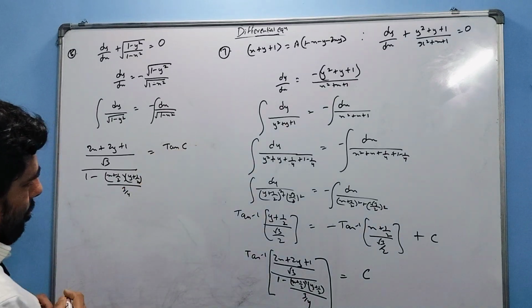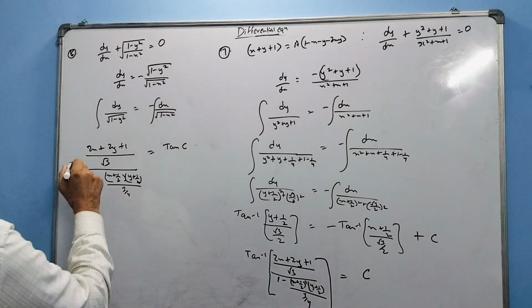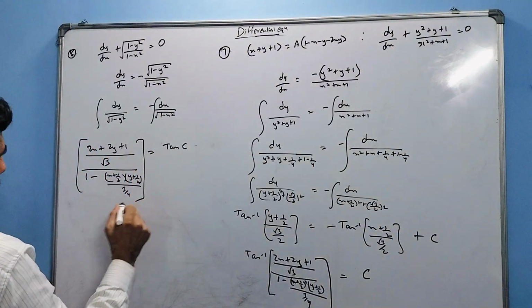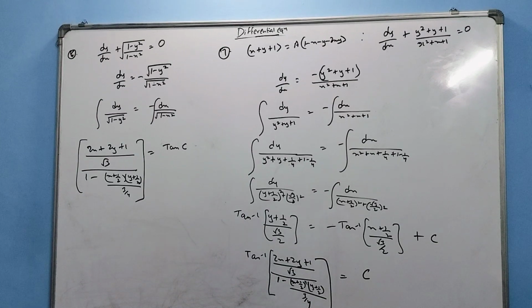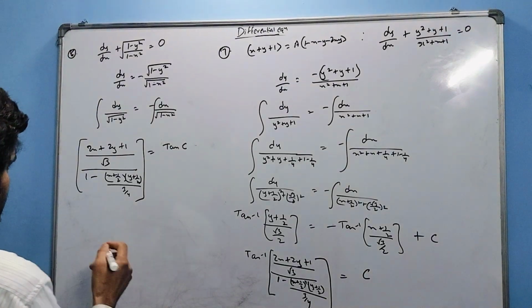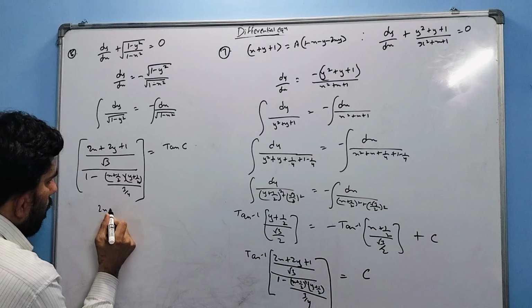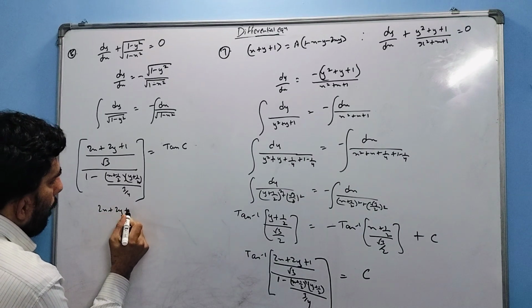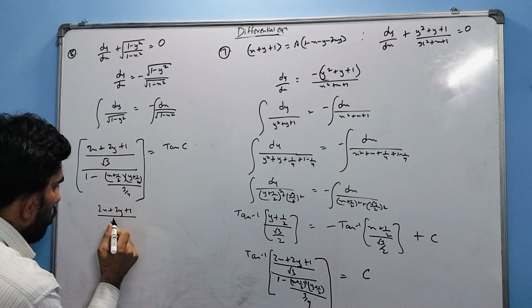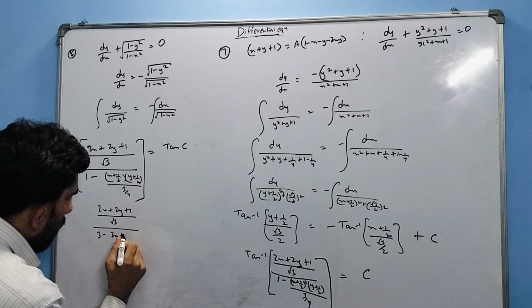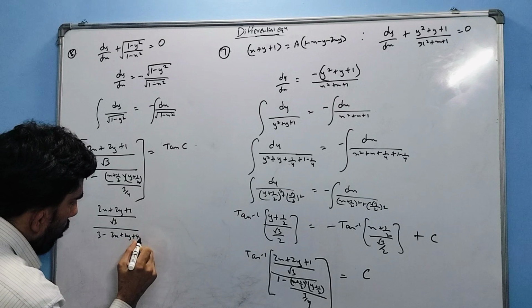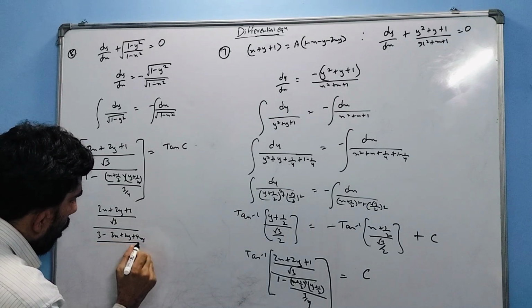Okay, now just remove the tan from this. Okay, so now here I can solve this, I got (2x plus 2y plus 1) upon root 3 here. I have got (3 minus 2x plus 2y plus 4xy) upon, okay, so I have this.